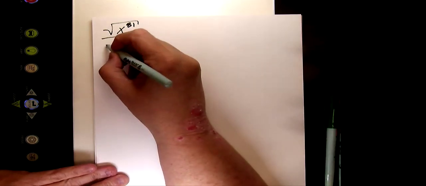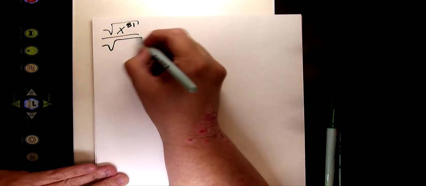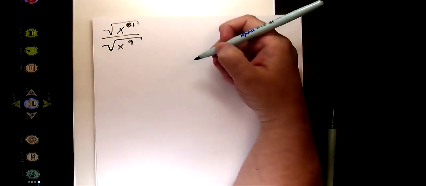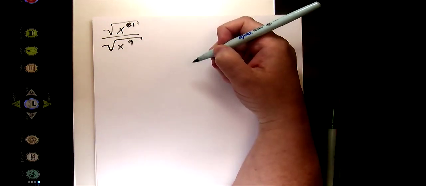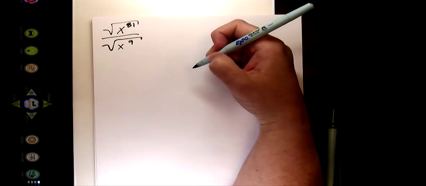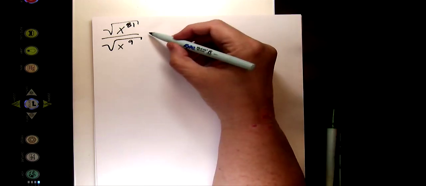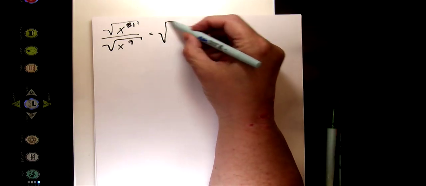Let's go big. It looks ugly, doesn't it? Well, first rule is we can combine them all under one radical.